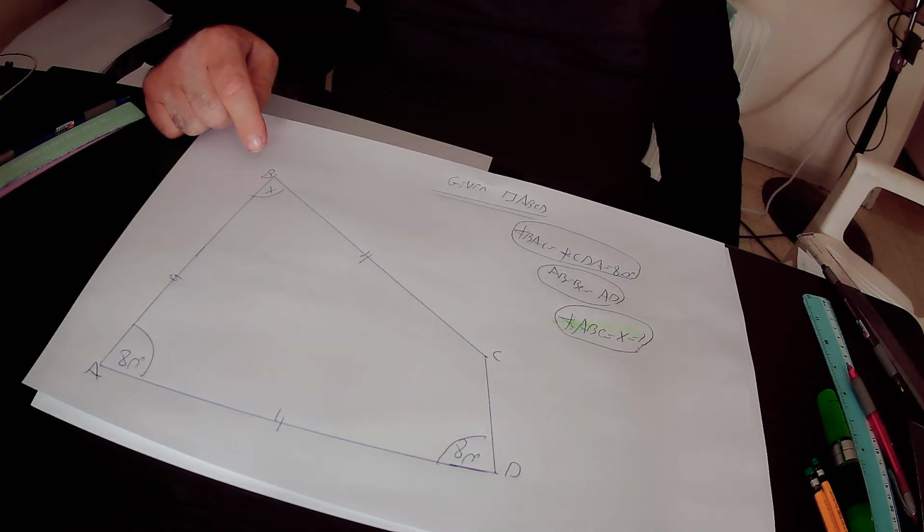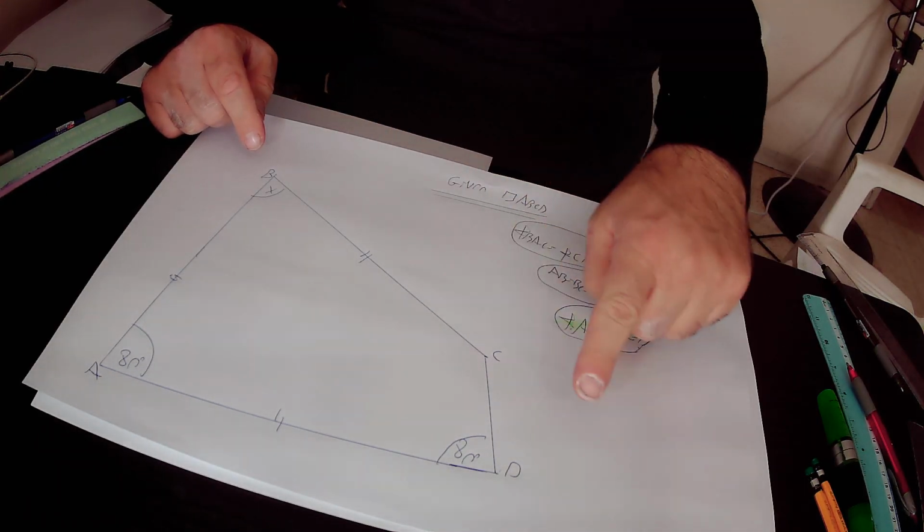So first of all, we will join points B and D together by a straight line.